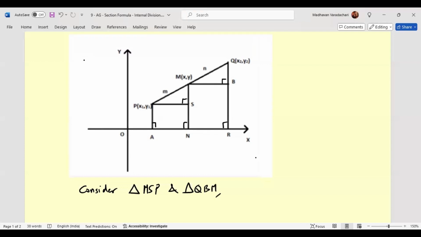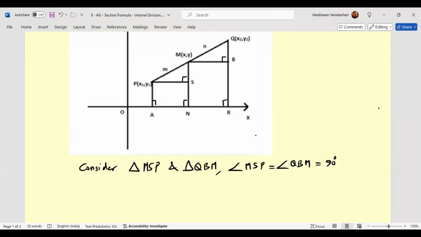We may notice that angle MSP is the same as angle QBM, and both are 90 degrees. Then this angle and this angle are the same because they are corresponding angles, meaning angle MPS is the same as angle QMB, because they both are corresponding angles.